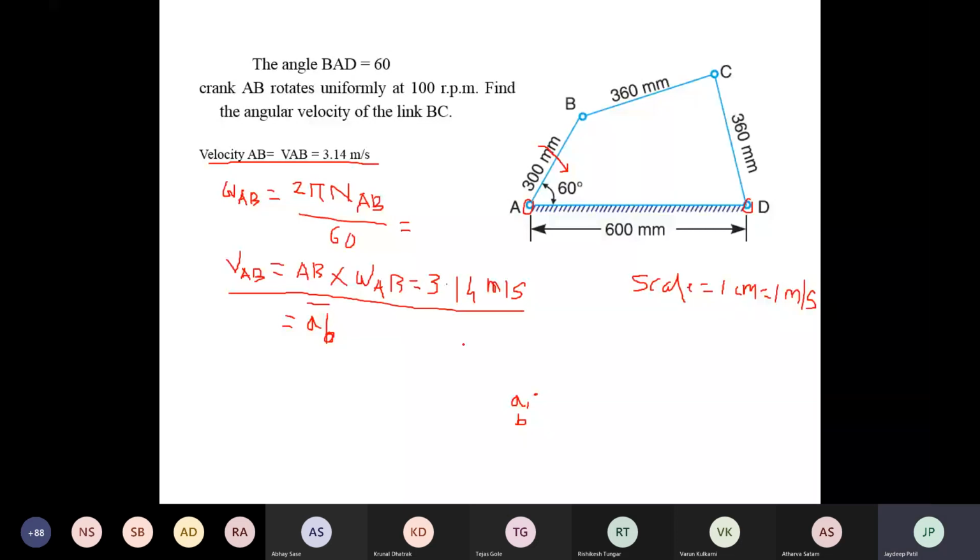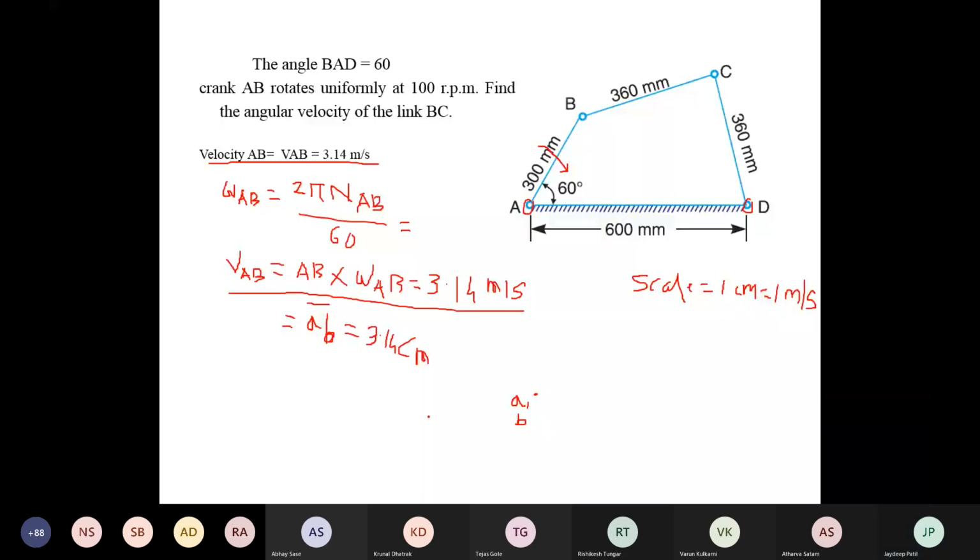We already located the fixed point a. Its magnitude is 3.14 meter per second, which you convert using the scale to 3.14 centimeter.